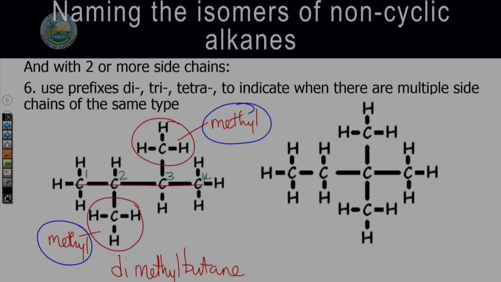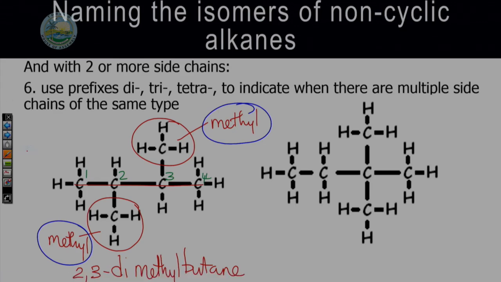One methyl is on the second carbon and the second methyl is on the third carbon. So we will call this compound, using the numbers, 2,3-dash. We always put a dash in between names. So we have 2,3-dimethyl butane.